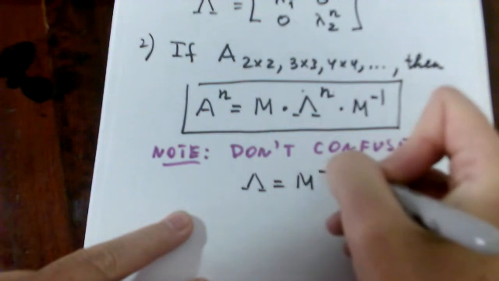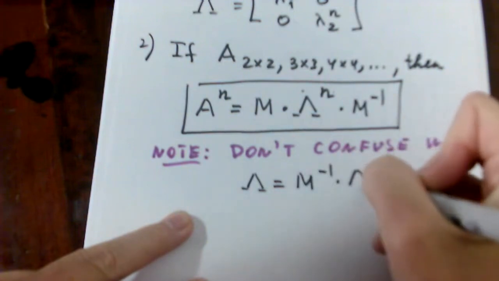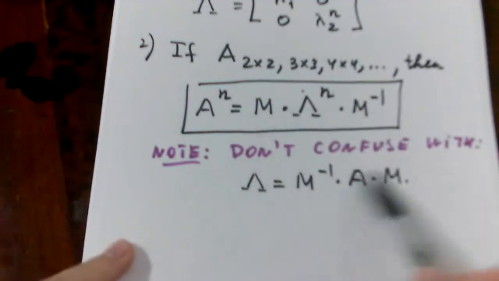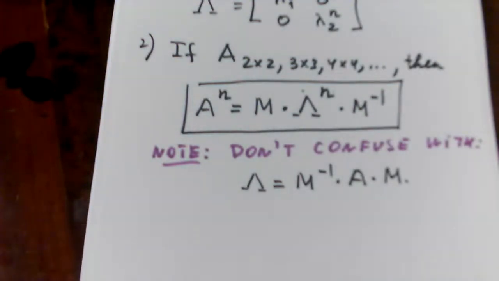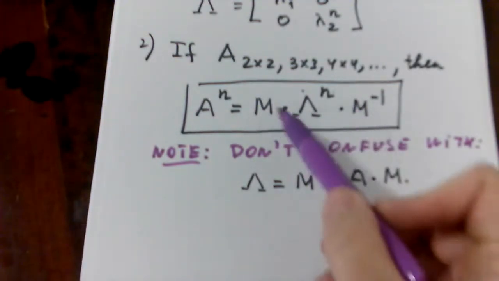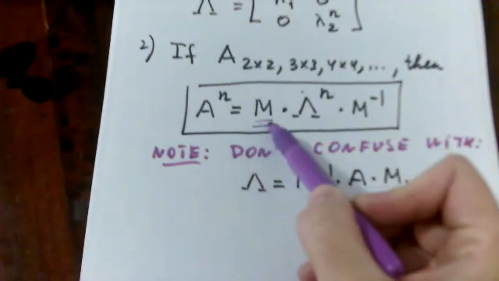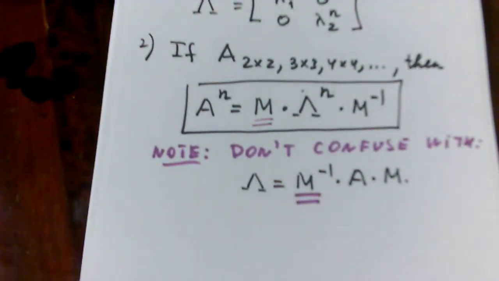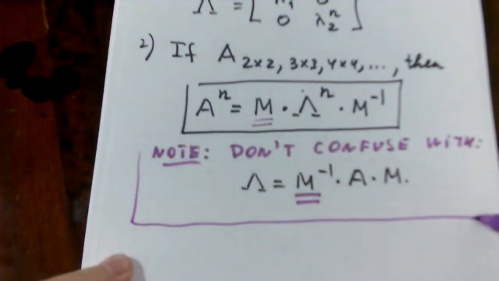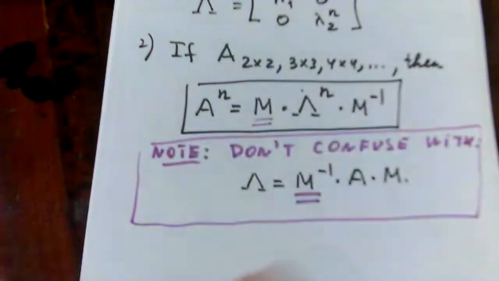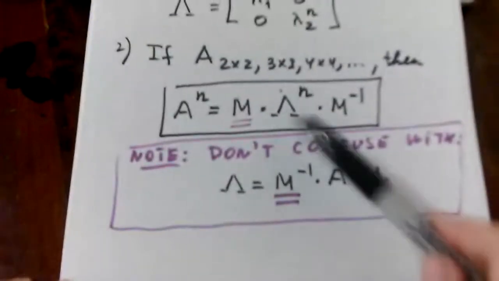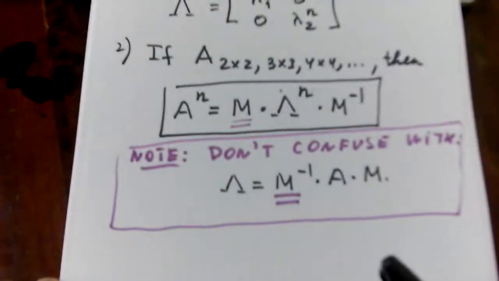Lambda is equal to M minus 1 A M. Look at this, a very similar structure on the right-hand side, and this is the danger. The difference is that here matrix M is in front and there M inverse is in front. Just make note of this difference. Very, very important. Otherwise, it will be very frustrating if you lose marks only because you confuse the order, because you remember things quite vaguely.